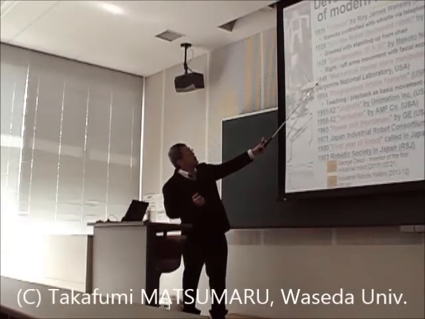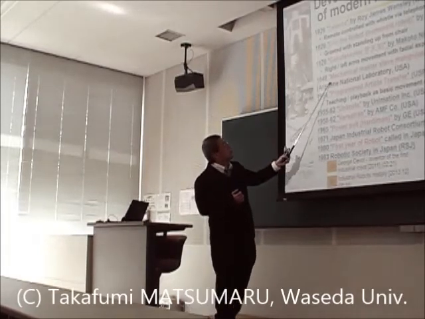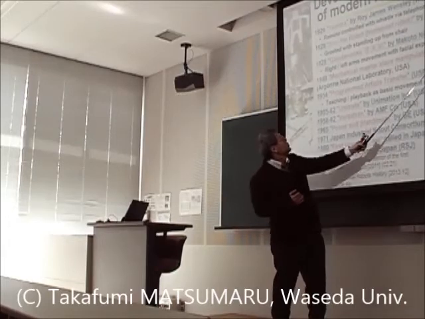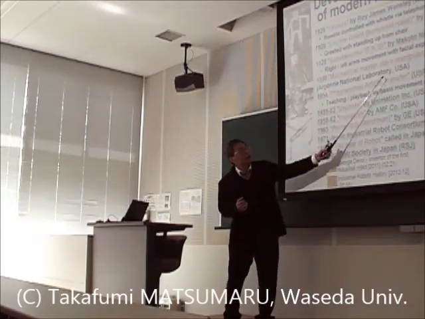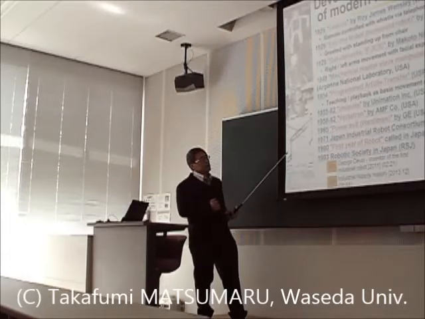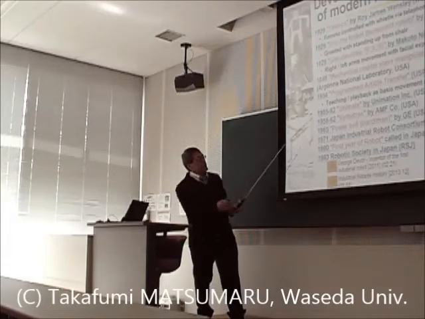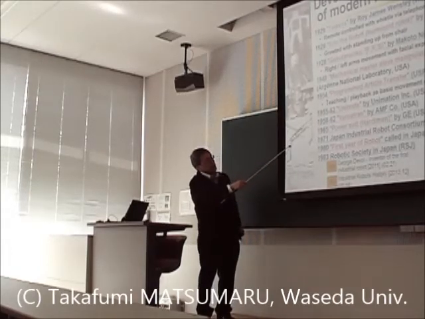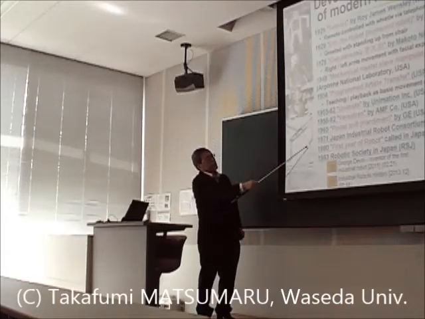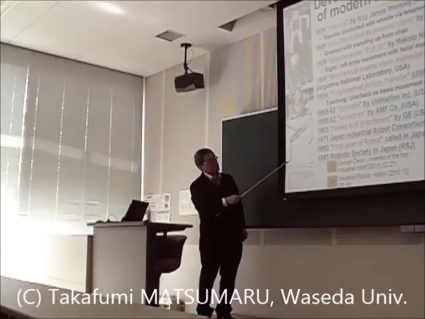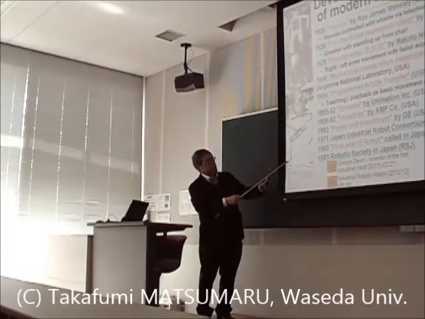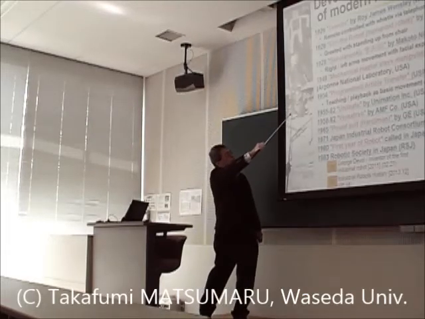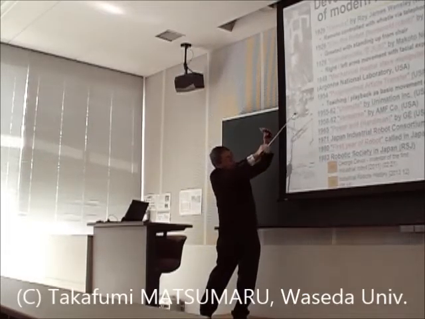And in 1949, after World War II, the mechanical master-slave manipulator Model 1 was made by Argonne National Laboratory. This is here. The master arm is mechanically connected to the slave arm. The slave arm is handling the radioactive materials, and here is a protection wall.